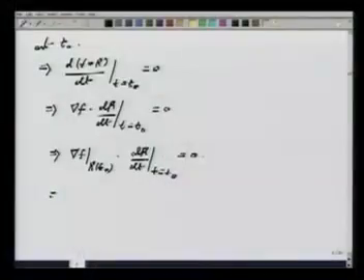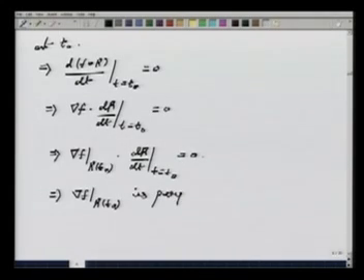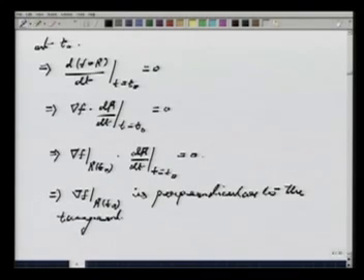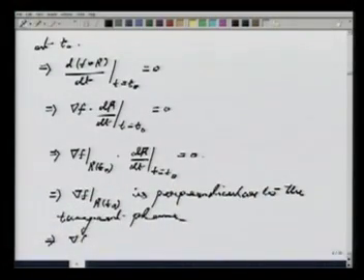That means grad f at r(t naught) is perpendicular to the tangent plane. But since the normal is already perpendicular to the tangent plane, grad f at r(t naught) must be a scalar multiple of the normal vector.